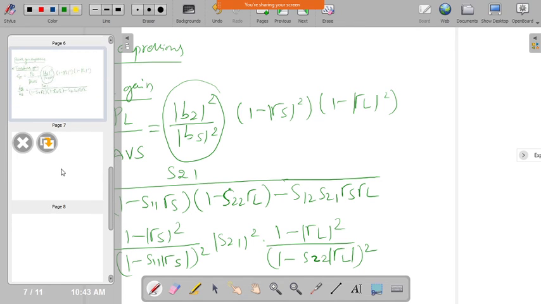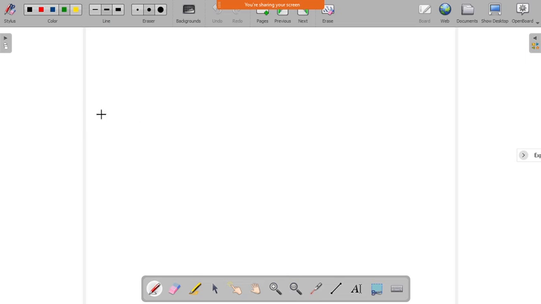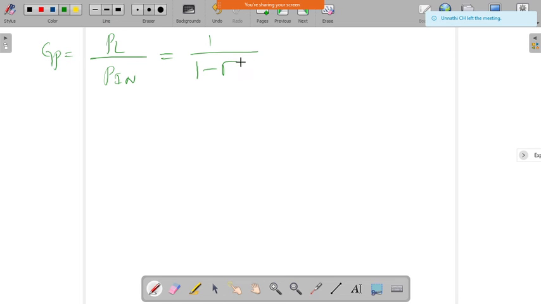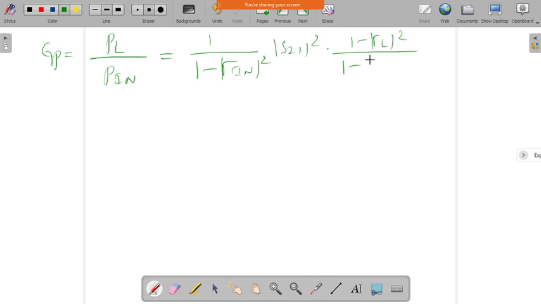Similarly, we have the power gain GP, which in the low noise amplifier context is nothing but the load power divided by the input power. I will directly write the expression, so you can remember it: 1 minus gamma in square, into S21 square, into 1 minus gamma L square divided by 1 minus S22 gamma L whole square.